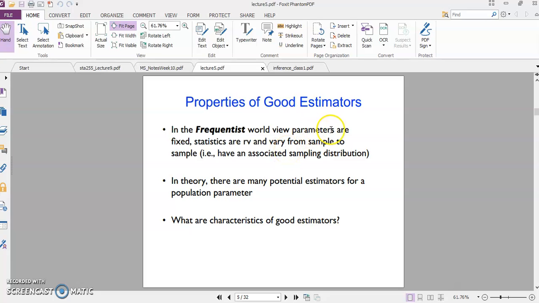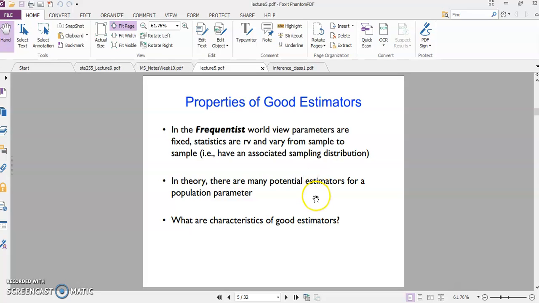Parameters are the population constants, and statistics are the sample values obtained from the random sample. So the popular view is that parameters are fixed, statistics are random variables, so statistics may vary from sample to sample.